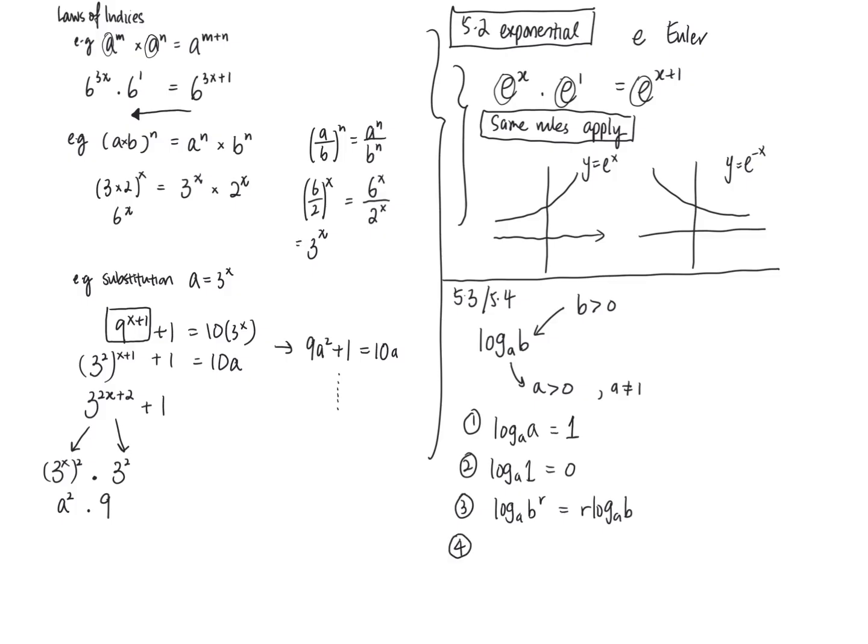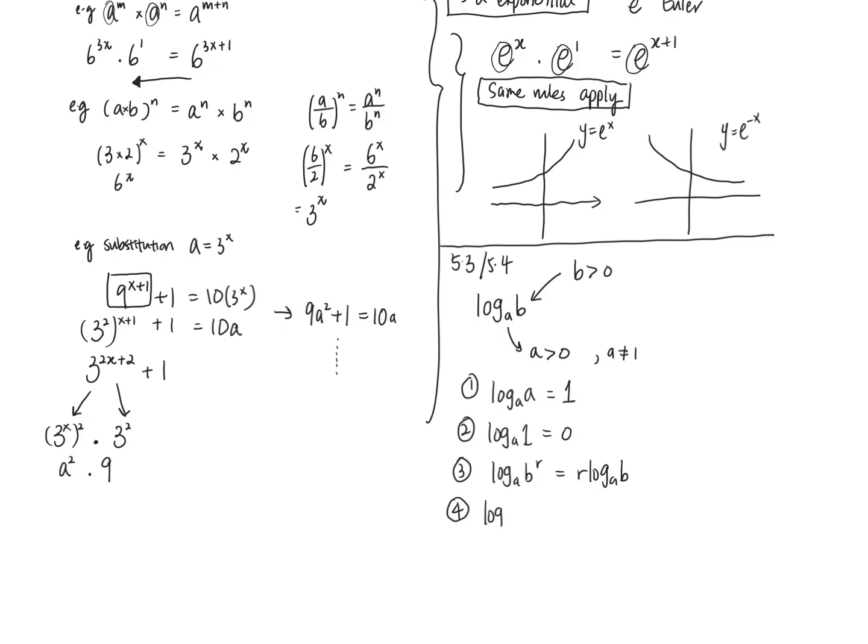Okay, what other rules you have? If you have two expressions with the same base, you can combine them into one by multiplying the expressions. If it's subtraction, then you can divide.